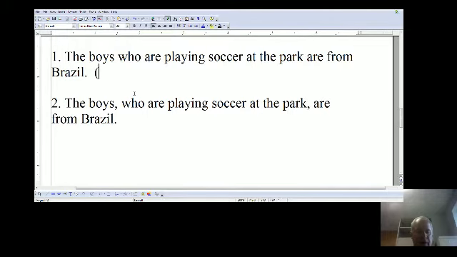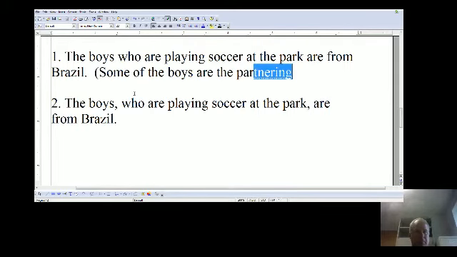So in this case, if you don't use commas, it has this meaning. Right? So the boys who are playing soccer at the park are from Brazil. It means that at the park there are maybe different groups of boys.